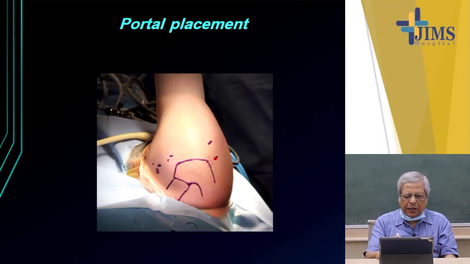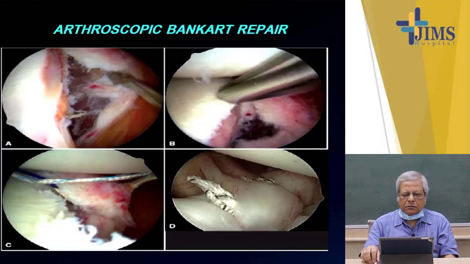Maybe the light source is placed, and through other portals, instruments are put in. So these are the arthroscopic views. You can see the shallow area here. This labrum and capsule are detached. This is made raw. Then passing the sutures. Then sutures are tied.